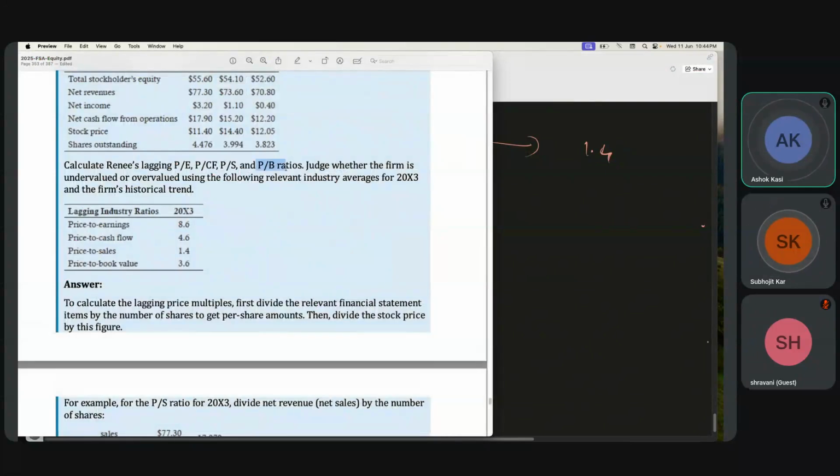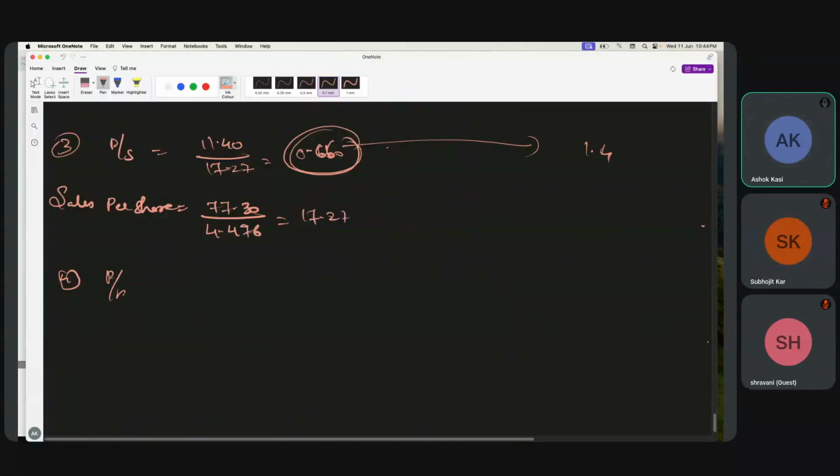Then price to book value. Price is 11.40 and book value means book value per share.